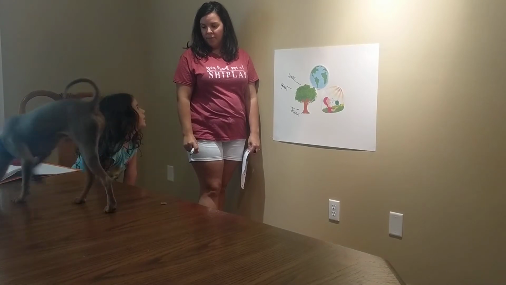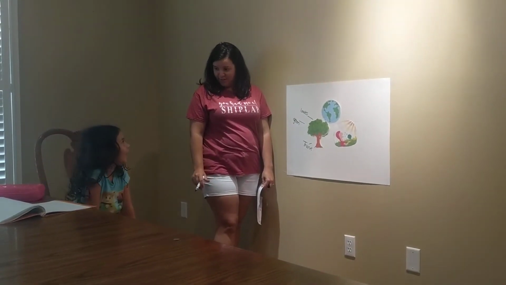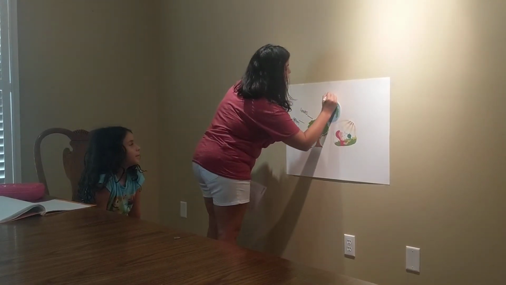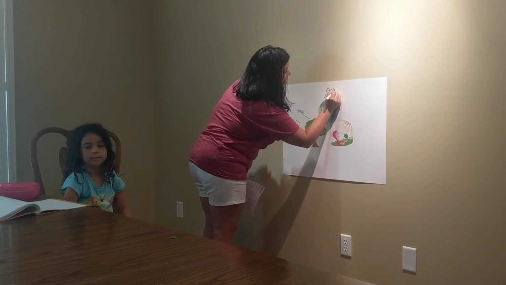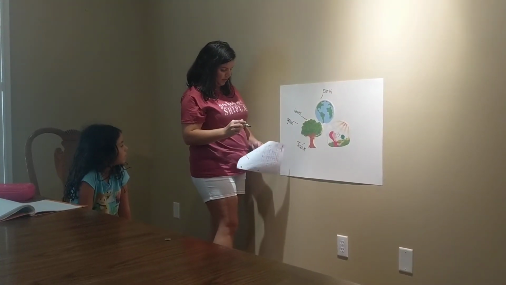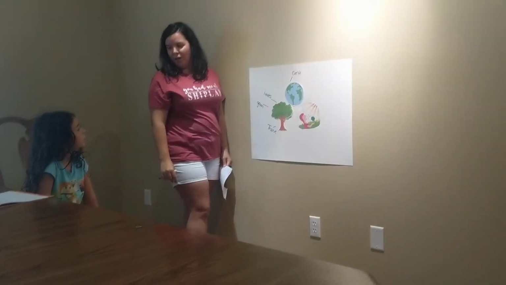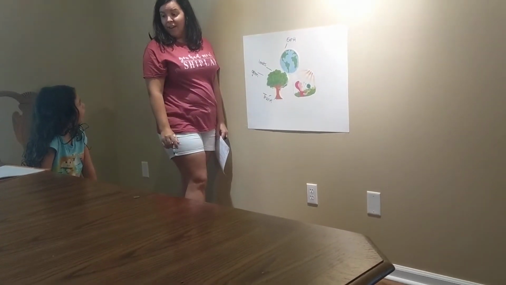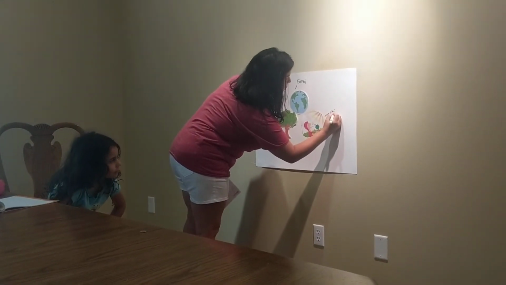The planet Earth. Okay, we have Earth right here. Alright. Then what else? What do trees make? What do we breathe in? What is that called? Air. Right? We have air.